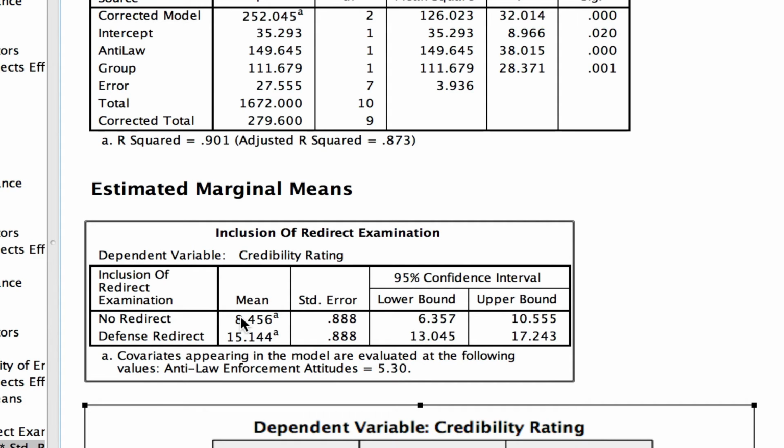One's gone from 8.6 to 8.45, and the others increased slightly. So overall, adjusting our individual scores has adjusted our means slightly, but that's not.